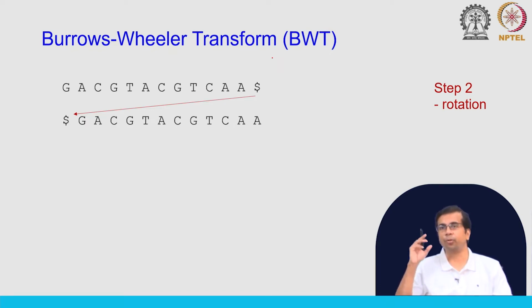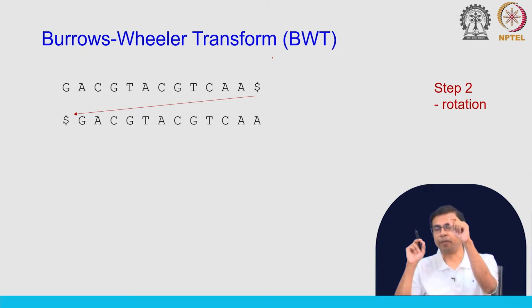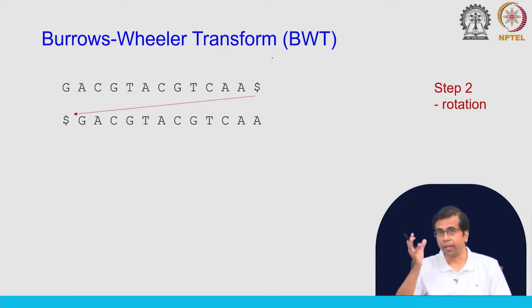How do you rotate the string, how do you visualize this process? Imagine you have written these letters on a cylinder. You have a pointer at a specific position on the cylinder, and you read the letter at that position, and that is the start of the string. The rest of the letters are around the cylinder, and as you rotate the cylinder you just look at the start position.